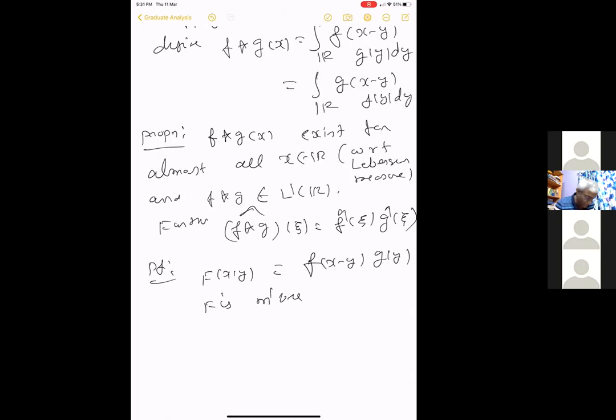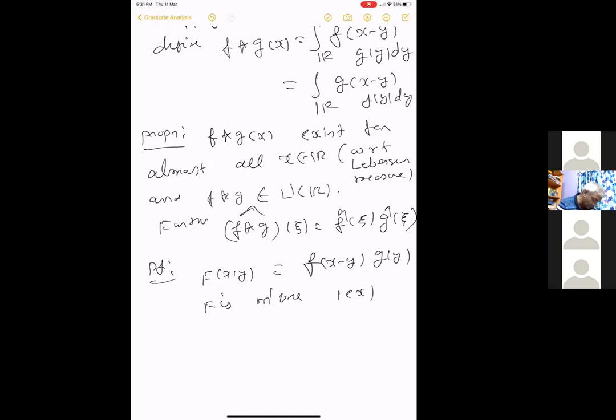It's an exercise if you wish. The reason is we have proved that the map (x, y) going to x − y is measurable, and if f is measurable and g is measurable, then the pair (f(x), g(x)) is measurable. You can use that, or you can prove it directly. We have proved all those things, I believe. So because of that, this is measurable.